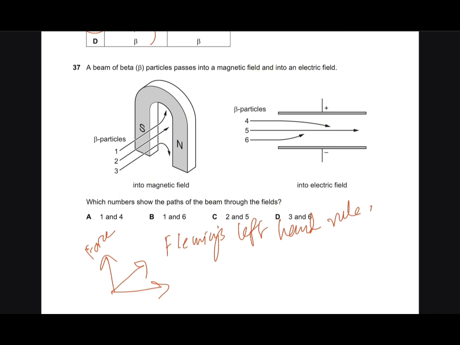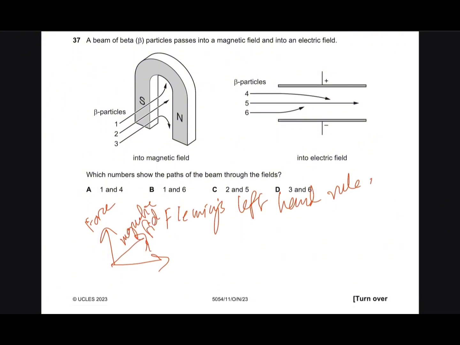The index finger determines the magnetic field. And the second finger, or the middle finger, means the direction of the current.